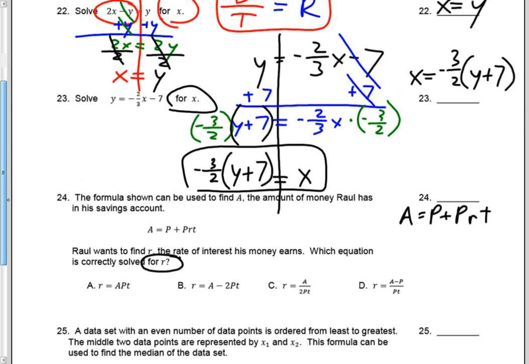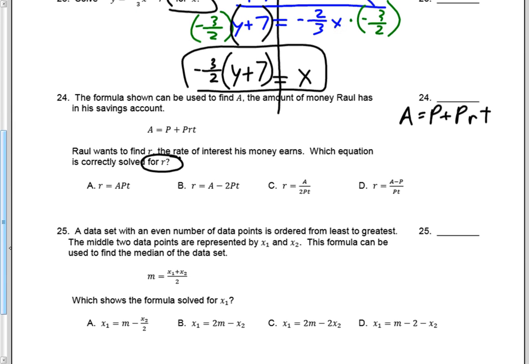It just happens to be in a word problem. So put a line, and at the very bottom we want R by itself.